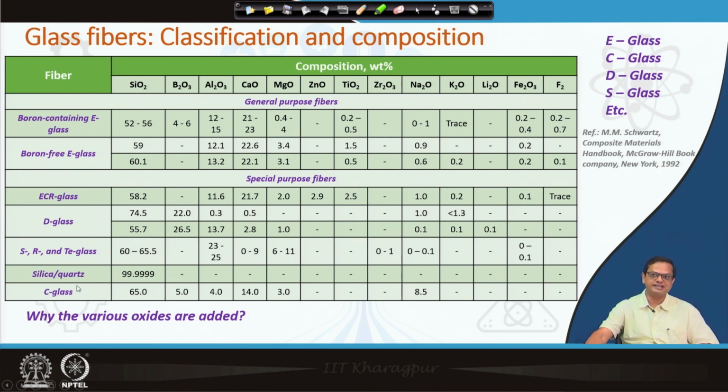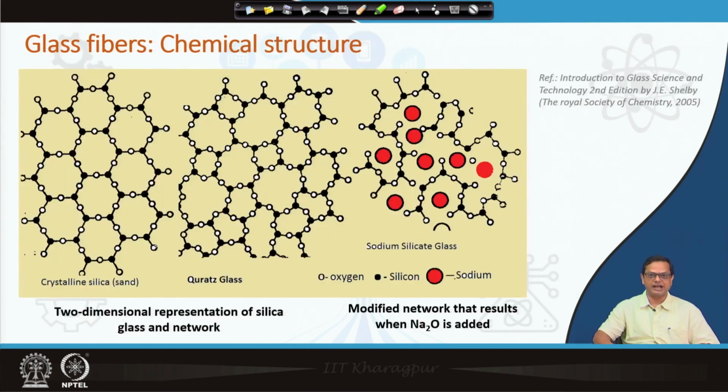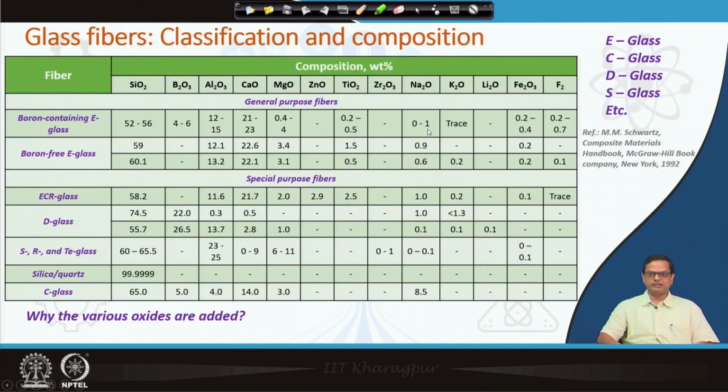Now, the question is why these different oxides are being added. Are they added just to make it glass? As you have seen in the last slide, as you add the different oxides, the crystalline structure of silica gets broken and ultimately it becomes amorphous. So, is that the reason we add different oxides? Actually, no. The various oxides are added with SiO2 to improve certain properties.